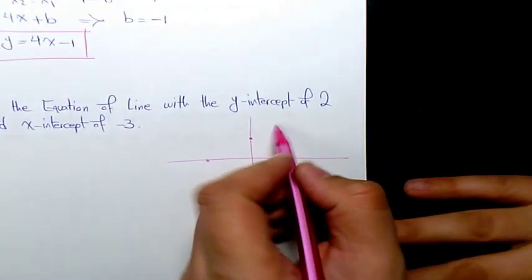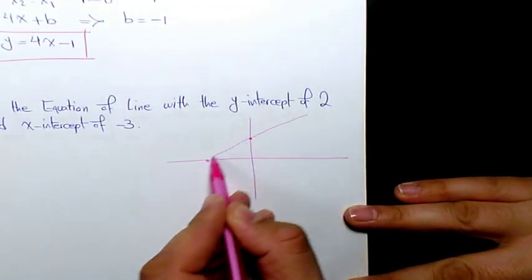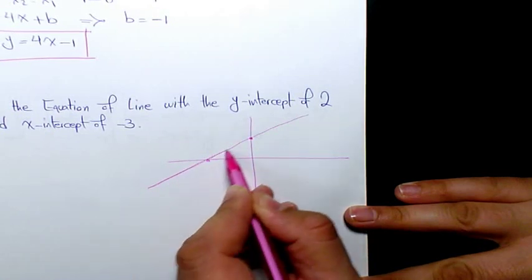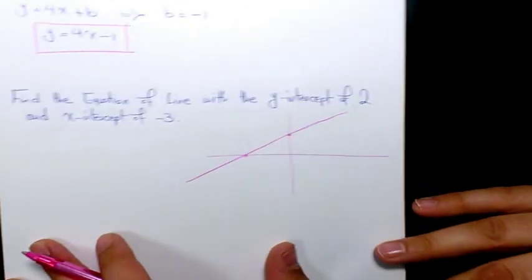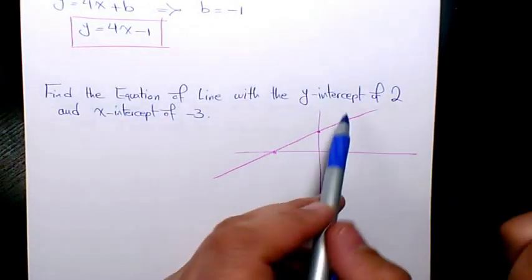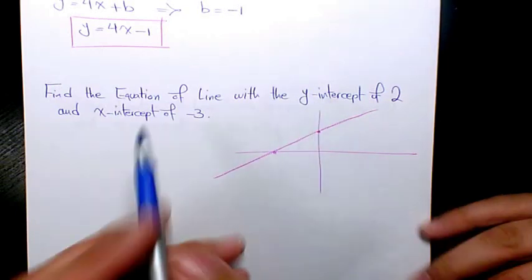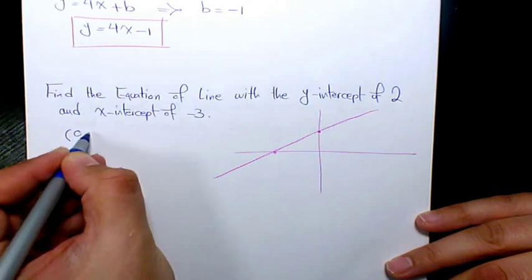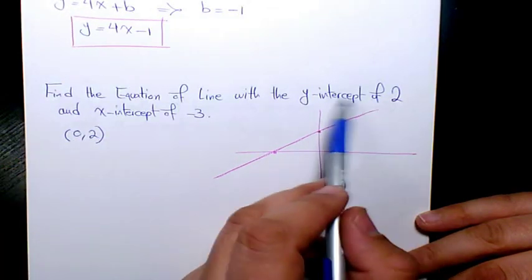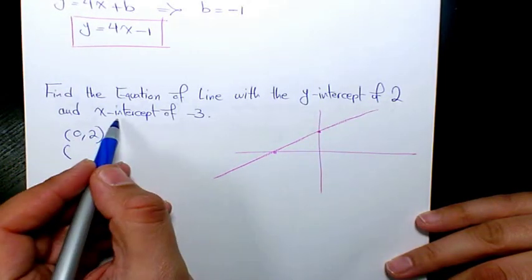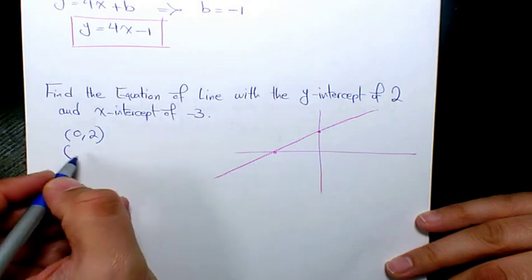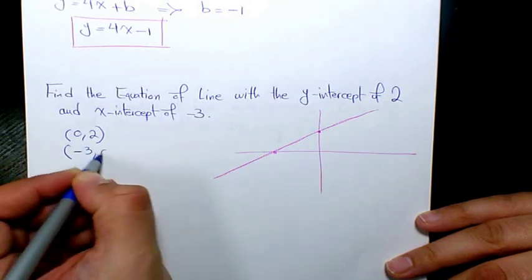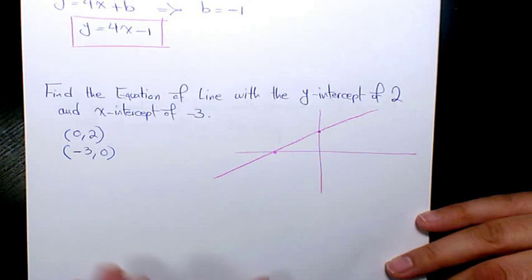So, it's going to be pretty much line like that. So again, the slope is not given, but 2 points are given. The first one is going to be y-intercept of 2 is going to be 0 and 2, because x is 0 for y-intercept. And here we have x-intercept of negative 3, which will be negative 3 and 0.